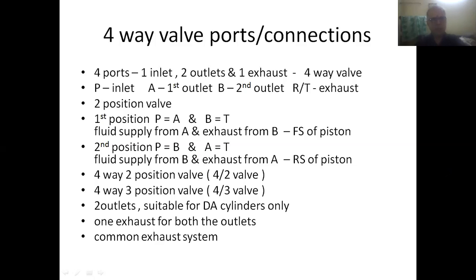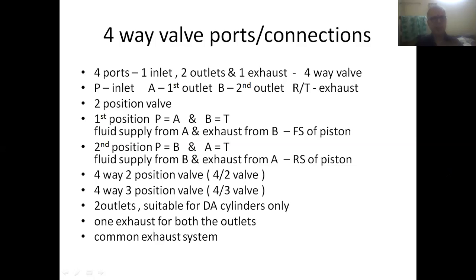So here all the details are given in this particular slide. Valve consisting of four ports, one inlet, two outlets, and one exhaust. So it's called a four-way valve. So P for representing inlet, A for representing first outlet, B for representing second outlet, and T for representing exhaust port.